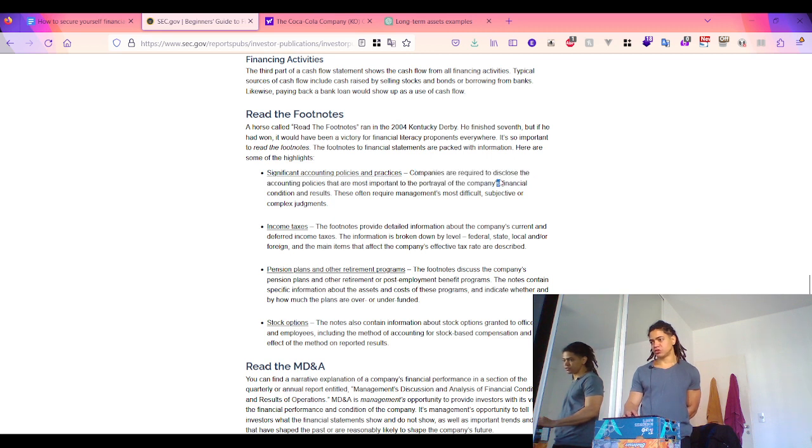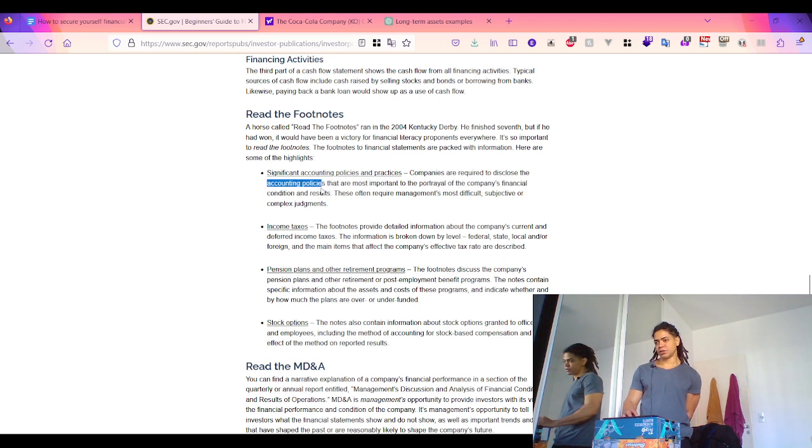Companies are required to disclose, to reveal, the accounting policies that are most important to the portrayal of the company's financial condition and results. These often require management's most difficult, subjective, and complex judgments.